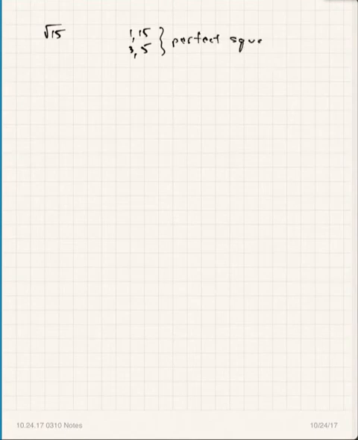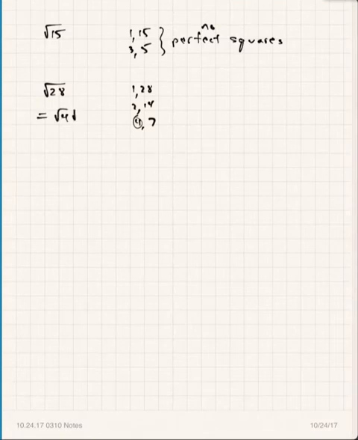There's no perfect squares in that list anywhere. And so it doesn't simplify, right? But the square root of 28, well, the factors of 28 are 1 and 28, 2 and 14, and 4 and 7. And there is a perfect square sitting in there, isn't there? There's the 4. And so the square root of 28, you have to break up.